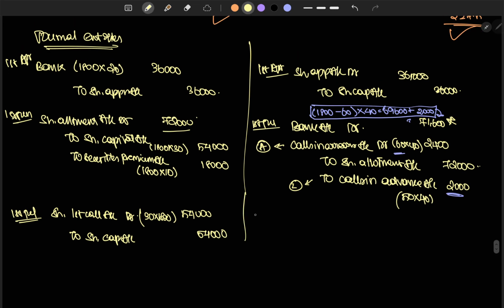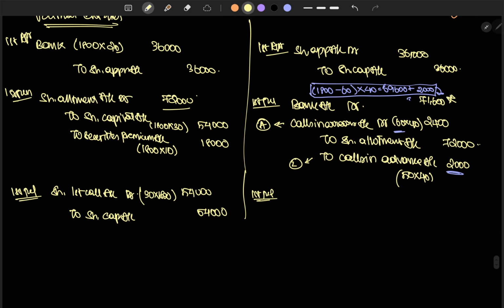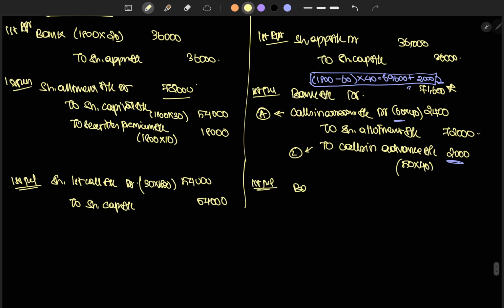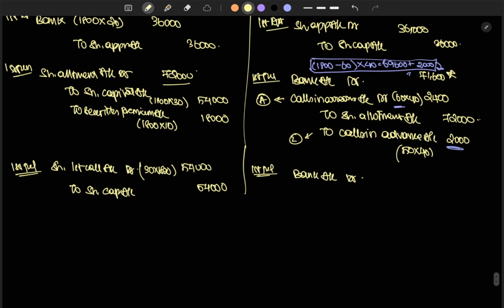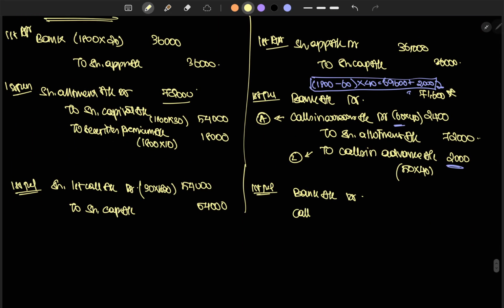Okay, so now we have to receive the money, right, from shareholders. So bank account. And for July also, 60 shares have not been paid, so calls in arrears account debit.